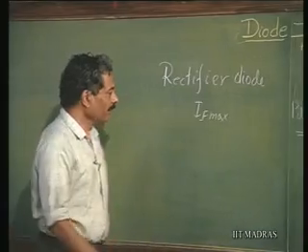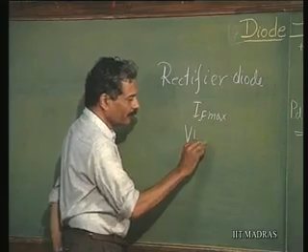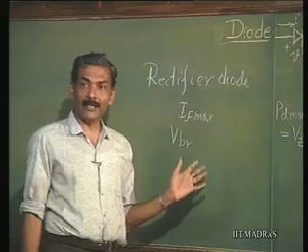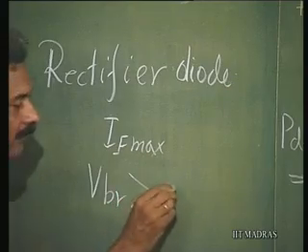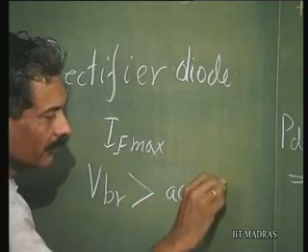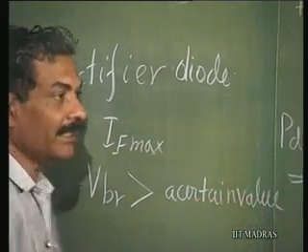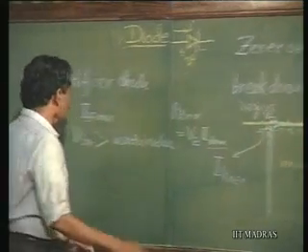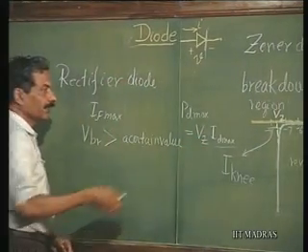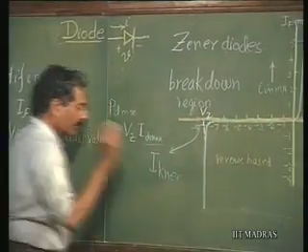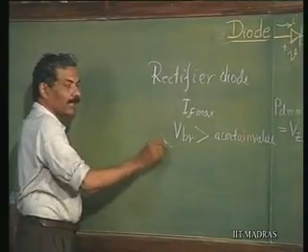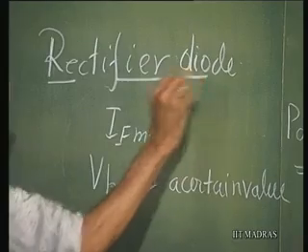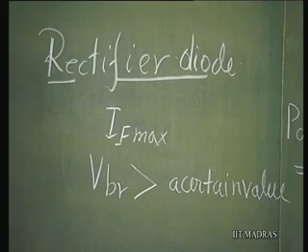Then the breakdown voltage, here we do not put it as Vz. For a rectifier diode, breakdown voltage should be greater than a certain value, so that when it is reverse biased it does not break down. So, it should be as high as possible, so that in the region where you are operating it, it does not break down. So, these are the two important specifications for a rectifier diode. What are the applications of the rectifier diode, we will see later.